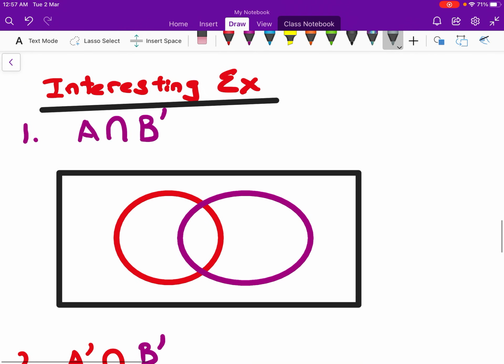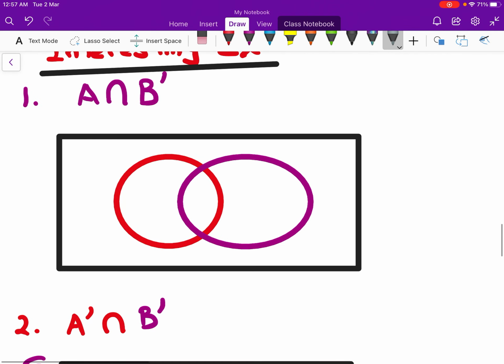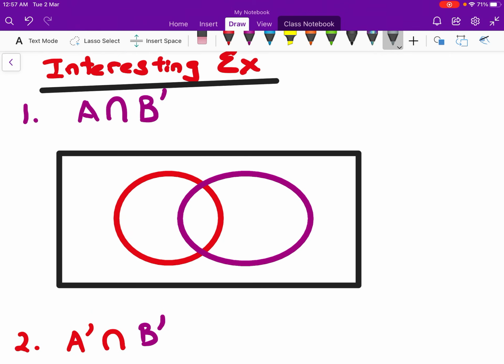Of course, for O level sometimes they will introduce complement. They will put brackets. So what should we do? For example 1, A intersect B complement. First of all, shade your A. Second, shade B complement.